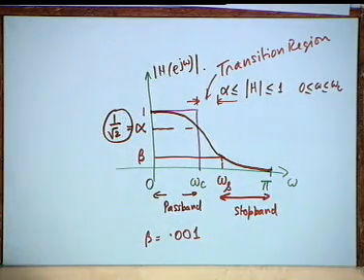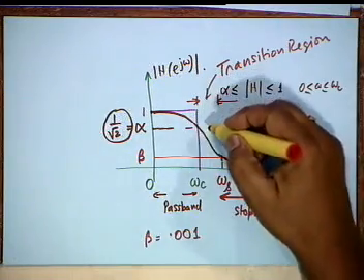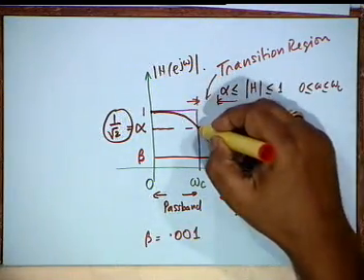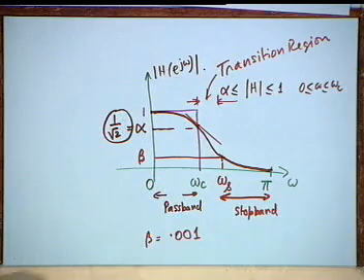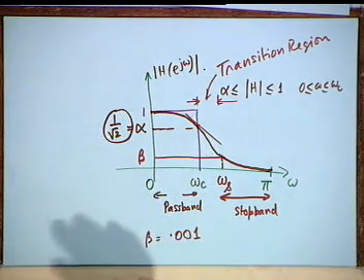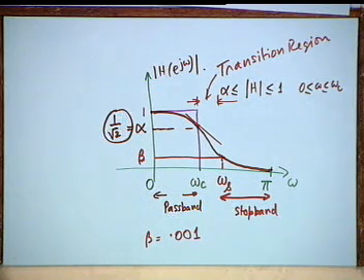Transition region sometimes is also specified by the cutoff slope, that is, if you find the slope at this cutoff point, this is also an indication of how sharp the filtering is. The more the cutoff slope, the better is the rejection of unwanted frequencies.